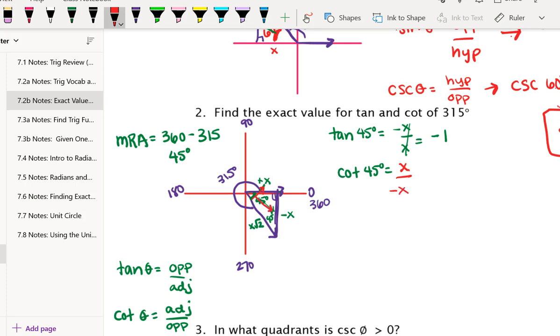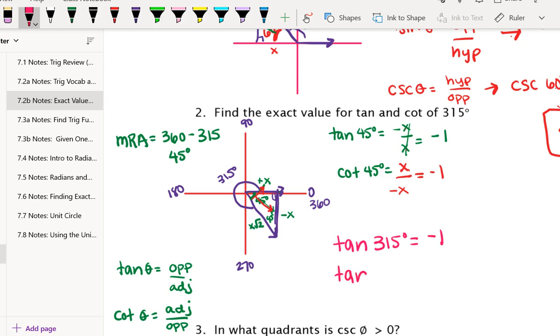So all we did was reciprocate. So I had a negative over a positive, and now I have a positive over a negative, but it still gives me a negative 1. So now that directly relates to the 315 degree original angle. So tangent of 315 degrees is the same as the tangent of 45, so this was negative 1.